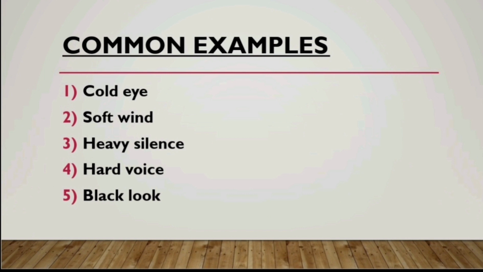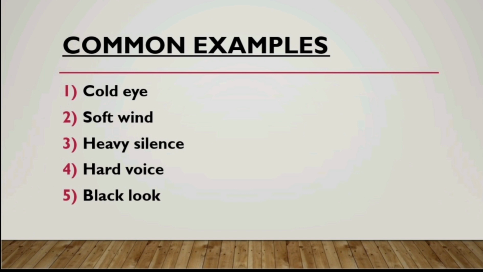Next is soft wind. Soft is touch and wind is what you feel, right? So, soft wind means a very pleasing, calm wind. The next example is heavy silence. Heavy is weight, and silence is something that you can feel. So, heavy is the sense of weight that you feel.